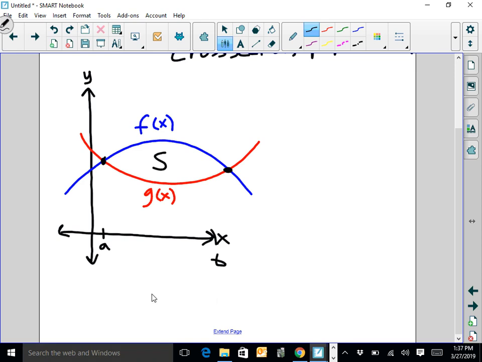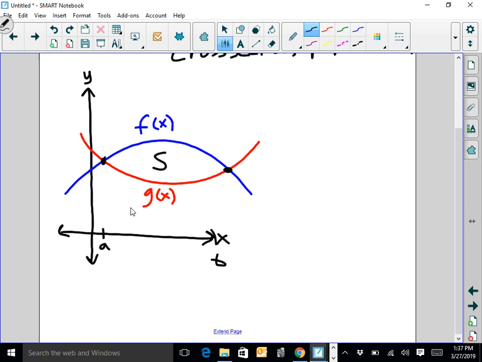Then my big radius would be f of x plus 3, so my volume would be pi integral A to B of f of x plus 3 squared minus quantity g of x plus 3 squared. Or I can revolve it around a line up here, maybe y equals 10. Then the volume equals pi integral A to B of 10 minus g squared for my big R squared and 10 minus f squared for my little r squared. Or I could revolve it around the y-axis. So we can do lots of different things.